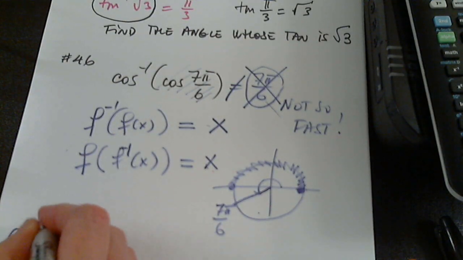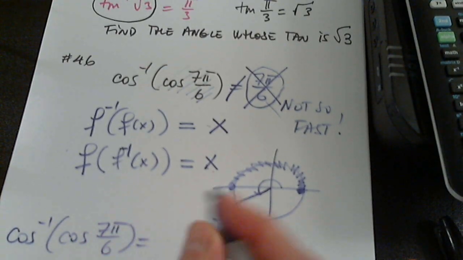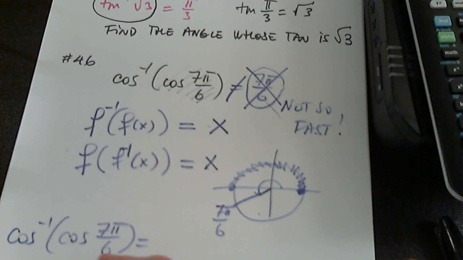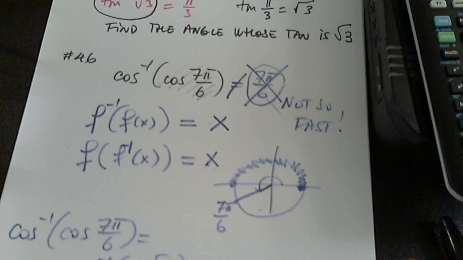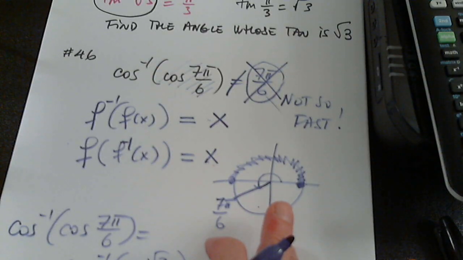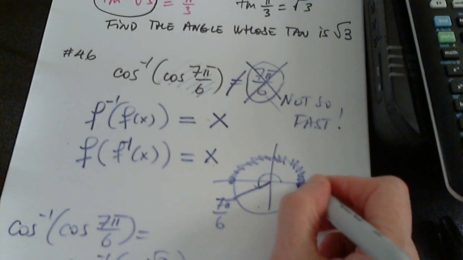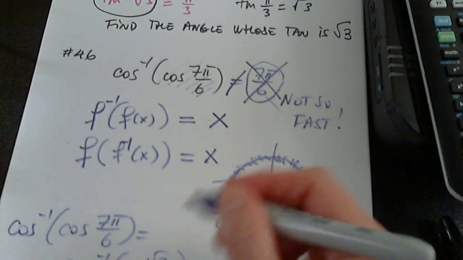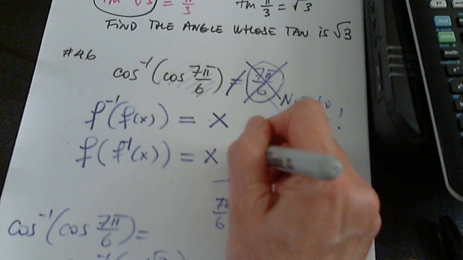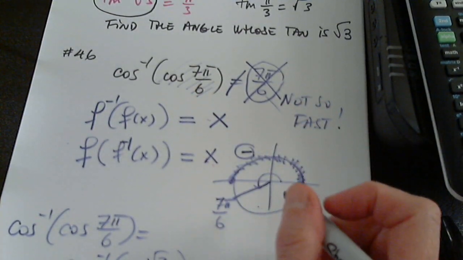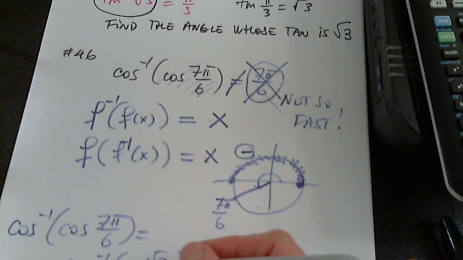So cosine inverse of cosine 7 pi over 6 is cosine inverse of negative the square root of 3 over 2. And now I need to determine an angle between 0 and pi, of course, because cosine is negative, it has to be in the second quadrant, whose cosine is the square root of 3 over 2 with minus.